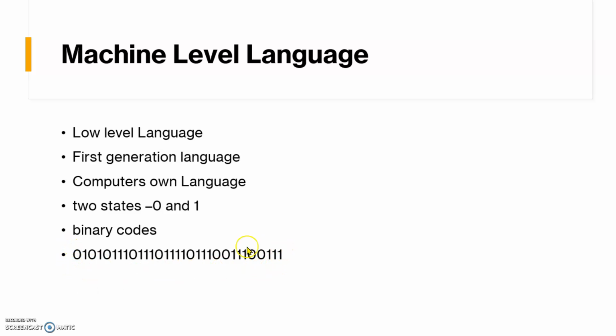Keeping these two disadvantages in mind, we have the other two programming languages, assembly language and high level language. But if you are comfortable, you can directly write in the machine level language also.